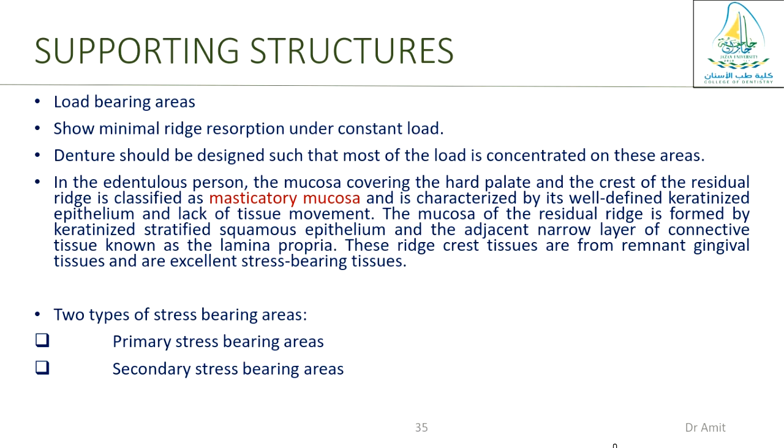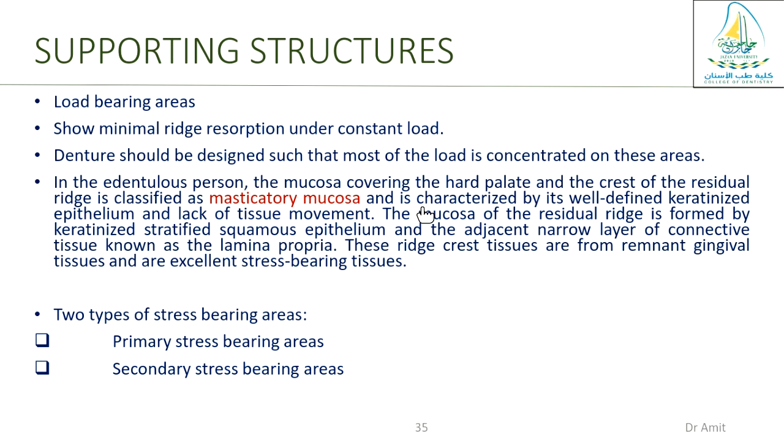So those were the limiting structures, that is the areas which limit the extension of our complete denture. The second type of structures are the supporting structures. It means the load bearing areas, or the areas which show minimal ridge resorption. It means there is very little resorption of the bone in this area, even if constant load is applied.